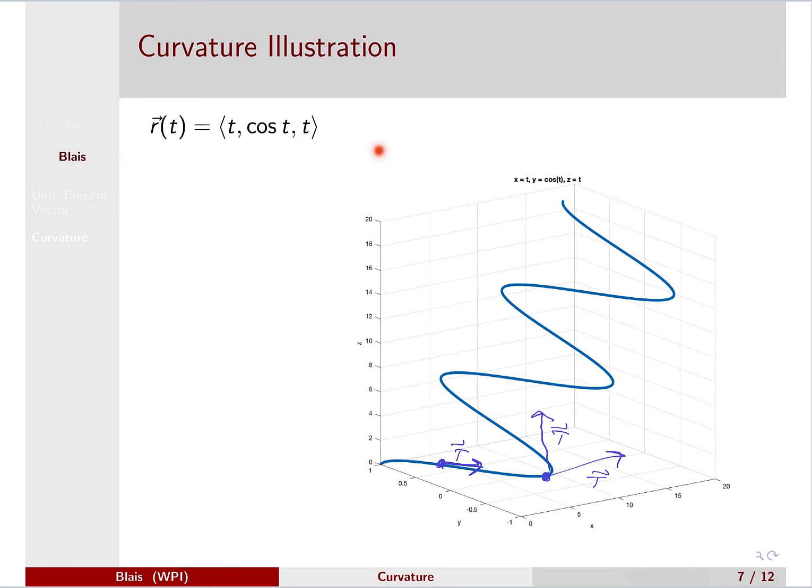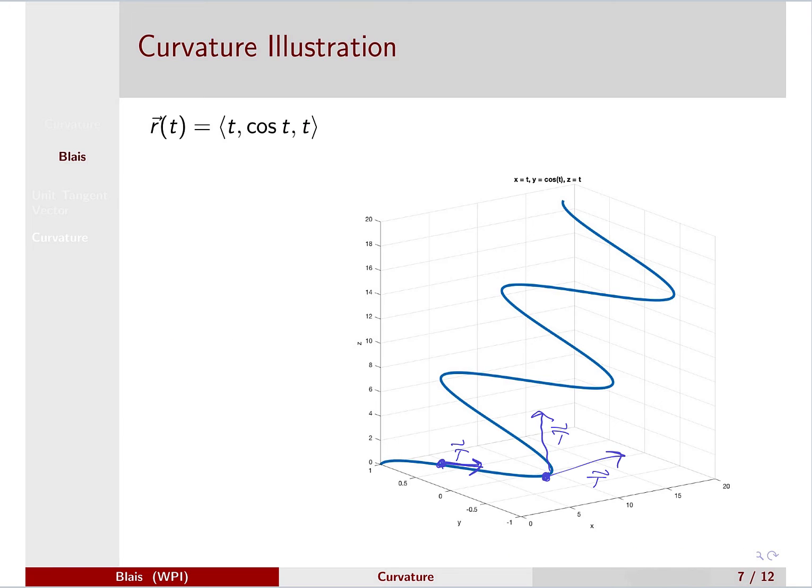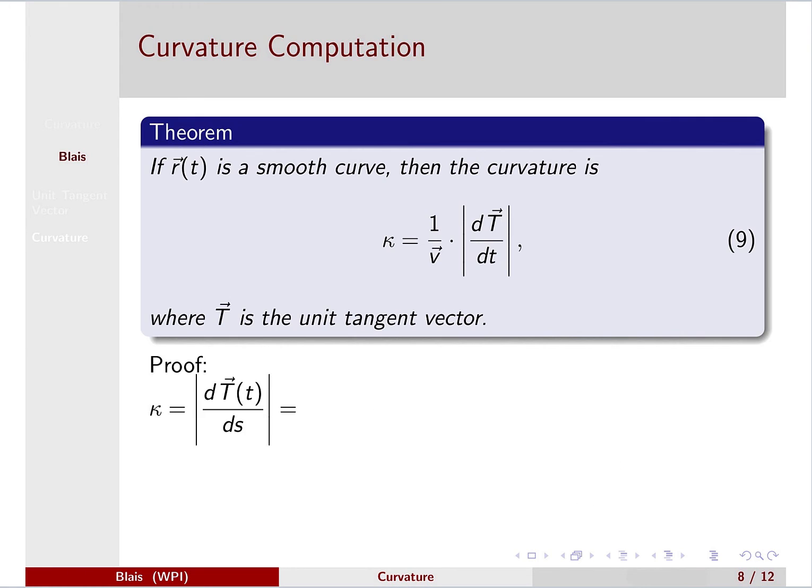We will do this calculation in a little while, but it's worth noting this derivative is not necessarily something easily computable. If you reparameterize your curve in terms of arc length instead of the parameter t, you may be able to use this, but there are nicer results we can use to actually do these computations.